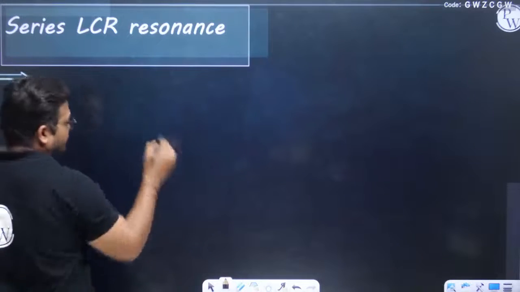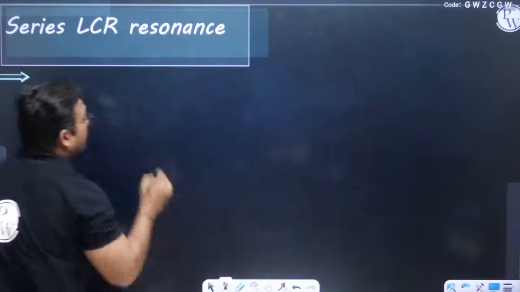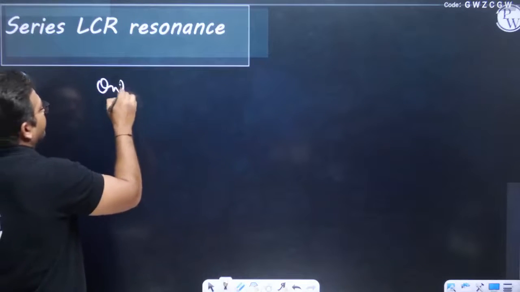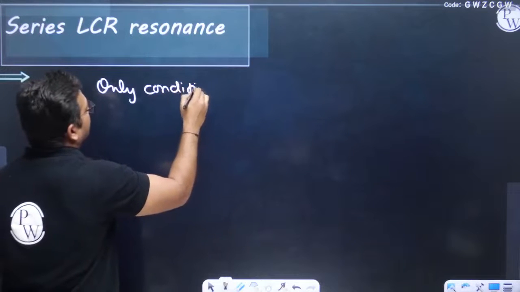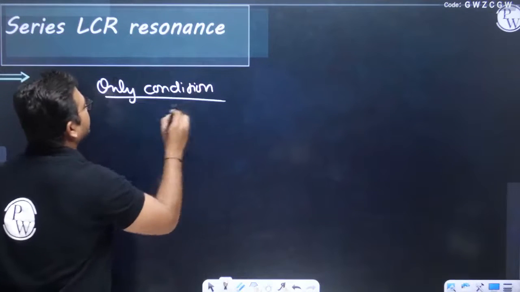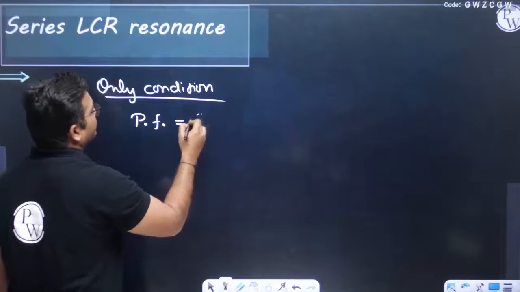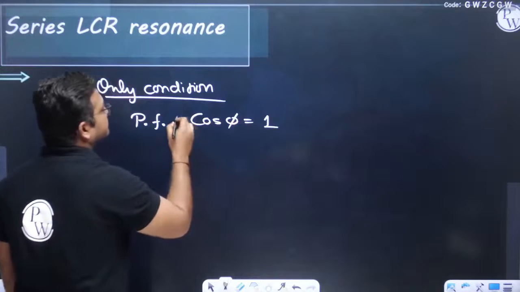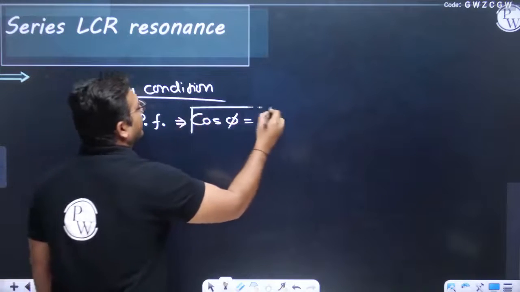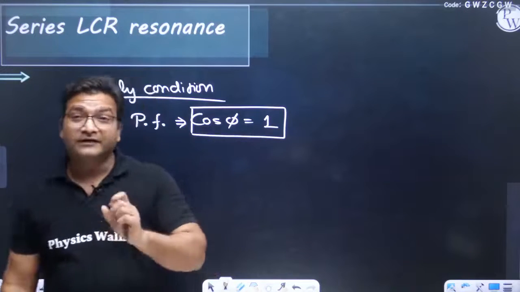The power factor of the circuit, that is cos phi, must be equal to 1. If cos phi, the power factor of the circuit, is 1, we say the circuit is in resonance.